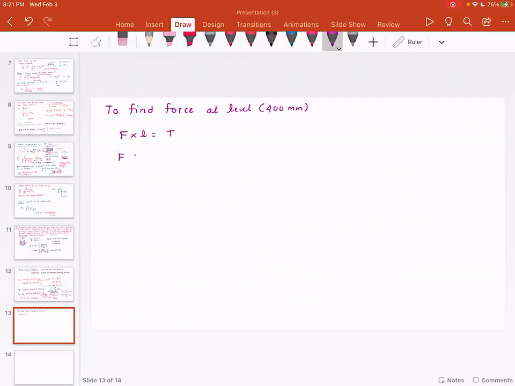So F is equal to 570 multiplied by 10 to the power 3 Newton millimeter divided by 400, and that should give you about 1500 Newton of force. So this is the amount of force that is needed if you want to raise the load.